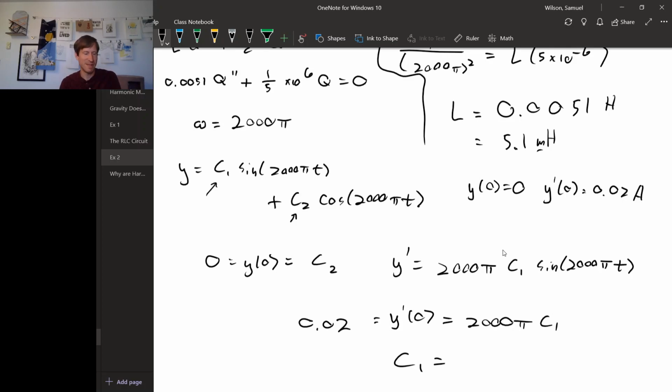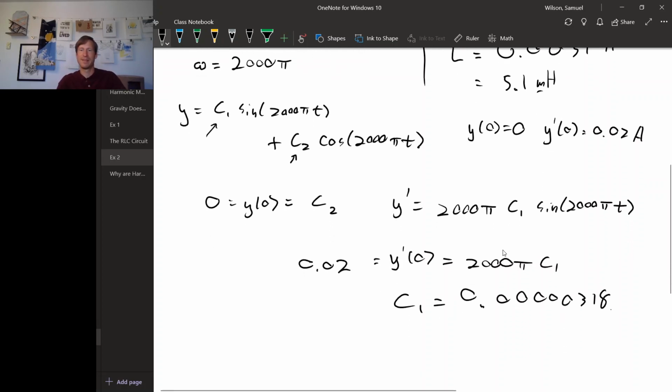It's going to be some nasty value, 0.02 divided by 2000 divided by pi, which is 0.0000318. So that's 3.18 times 10 to the negative 6th.